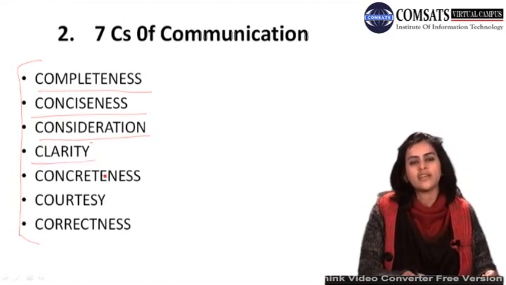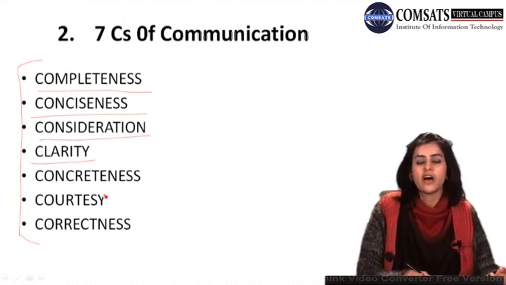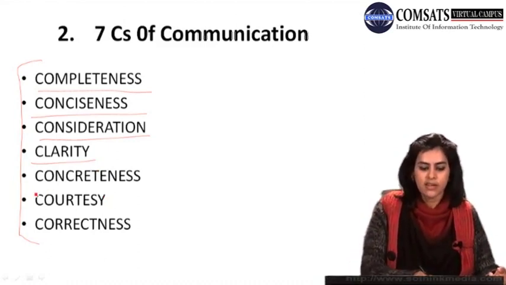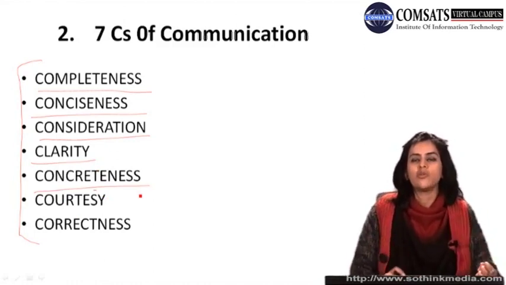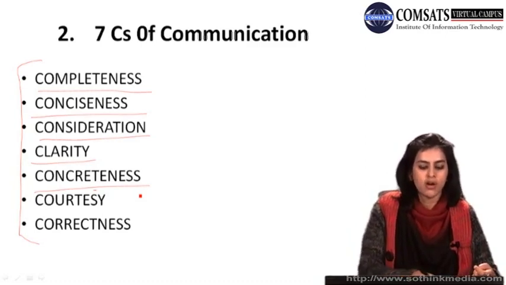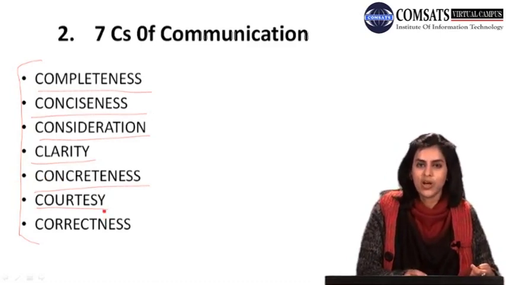The clarity: your ideas, messages or information should be clear enough for everyone to understand. Then concreteness, how you can make your verbal communication concrete for your audience. Courtesy, how you can deliver your presentation in a courteous manner.